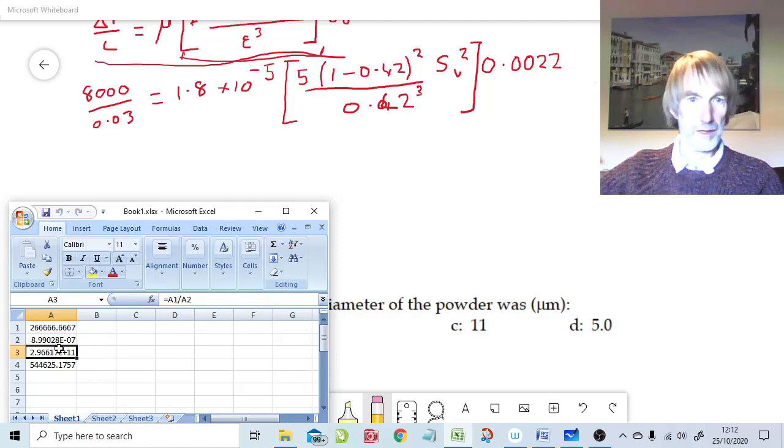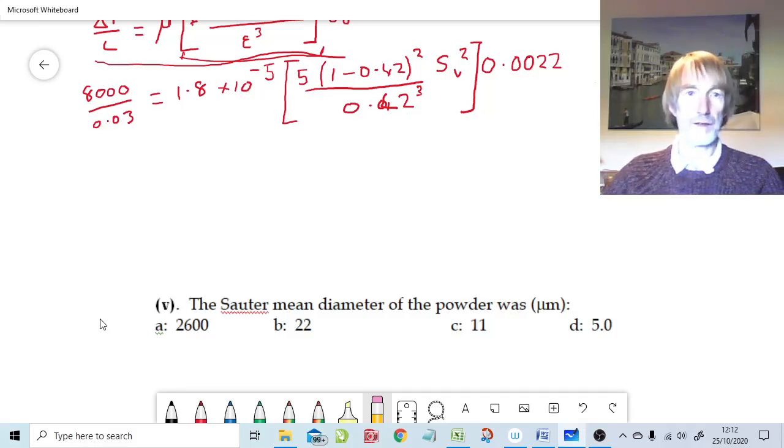So that's what everything is, the left hand side divided by the right hand side. So that value there is in fact SV squared, and that gives us a value of SV, because we need to take the square root, of near enough 5.5 times 10 to the 5.